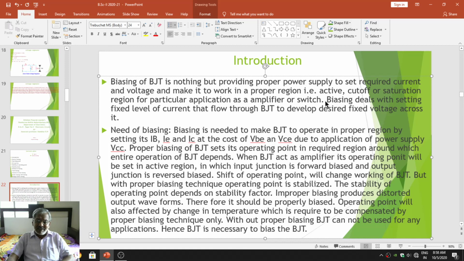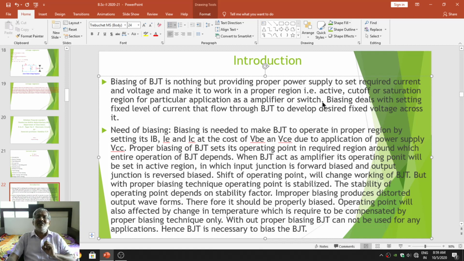If you connect the battery so that both the junctions are reverse biased, it will be operating in the cutoff region. If you connect the battery so that both the junctions are forward biased, it will be operating in the saturation region. If you connect the battery so that the input junction is forward biased and the output junction is reverse biased, it will operate in the active region.